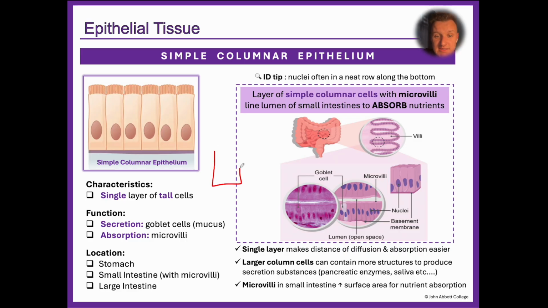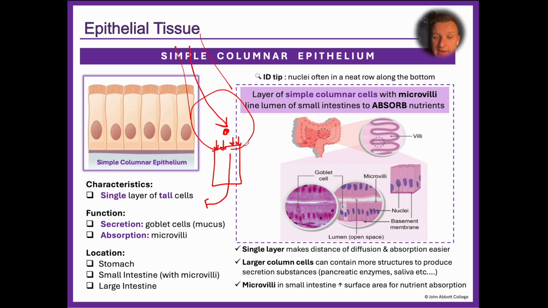So if I had a cell that was flat like this, and here's my small intestine, and food was going down this tube this way, this little food particle could be absorbed into the body here, here, here, or here, right? And it would go into the body. It would be absorbed.